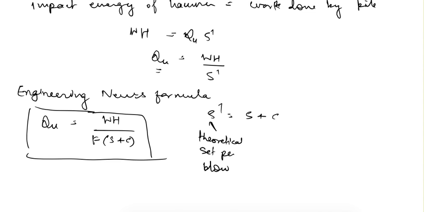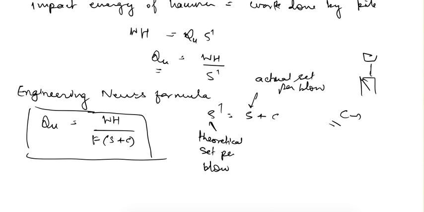So if we drop the hammer once, what is going to be the theoretical settlement? That is S dash, where S is the actual set per blow, and C accounts for the various elastic settlement or the energy losses. So if it drops, there will be elastic settlement of the soil and of the pile. Those kind of losses are accounted in this term C.